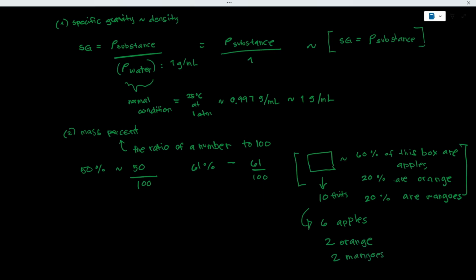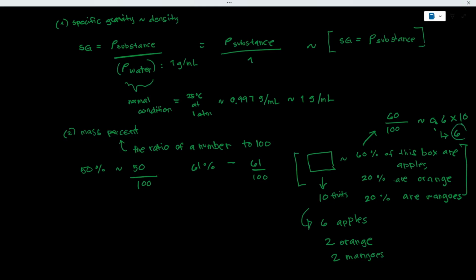Basically what we did here is 60 over 100, the ratio of a number to 100, that is 0.6. And when you multiply 0.6 to 10, which is the total number of fruits in the box, that would be 6.